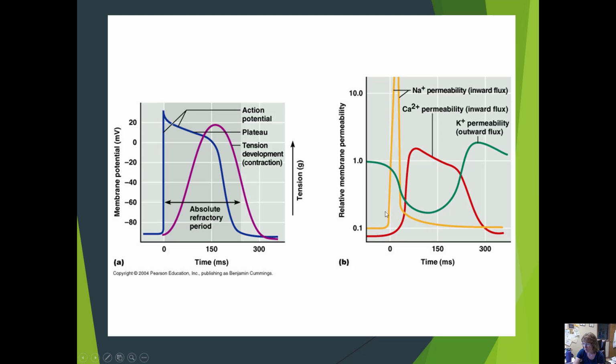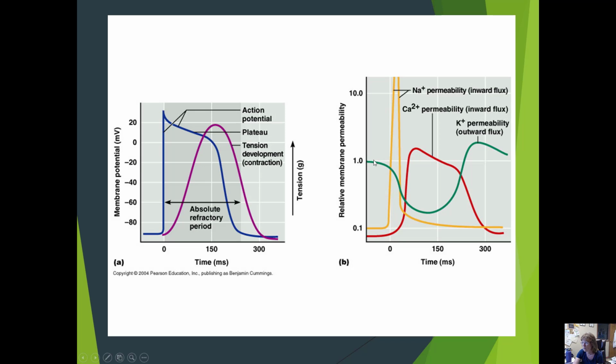Now, as these depolarize, you can see right about here at the peak of sodium permeability that we have the L-type calcium channels opening, and the influx of calcium into the cell, causing this plateau right here.